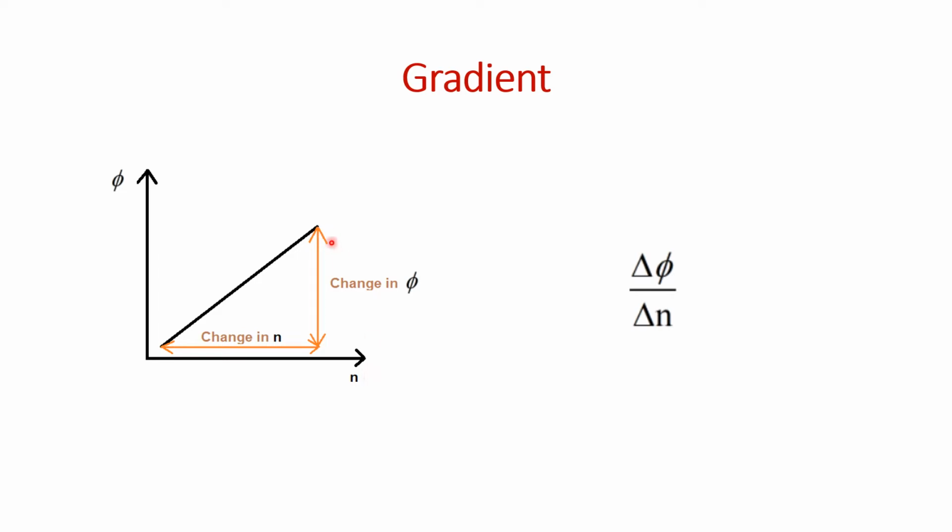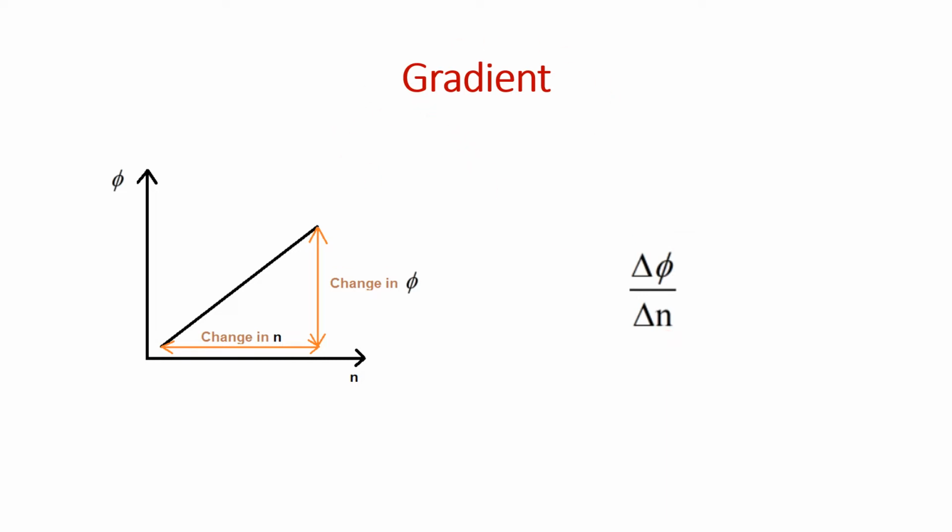This is the line of the function where phi is dependent on n. So how much change in n will give this much change in phi? Delta phi upon delta n is the gradient.